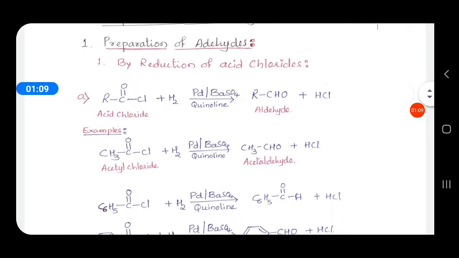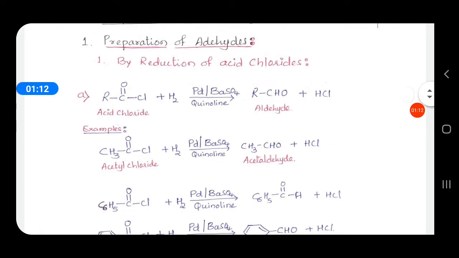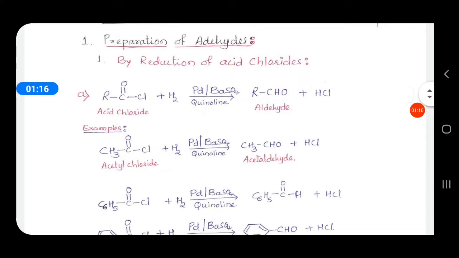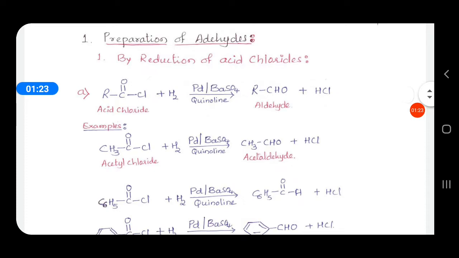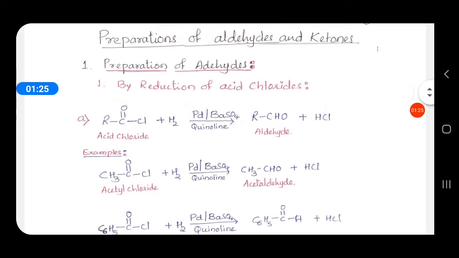Here xylene or quinoline, even other organic compounds, can be taken. In the presence of palladium catalyst supported on barium sulfate, it results in the formation of aldehydes from RCOCl.